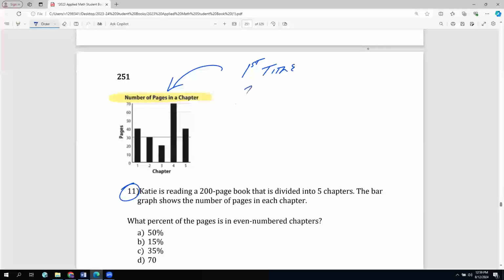The second thing we want to do is look at our variables. Now, remember when I used that word, variables, and I said independent and dependent. So when I say look at the variables, I mean look at what's on the horizontal axis and what's on the vertical axis.